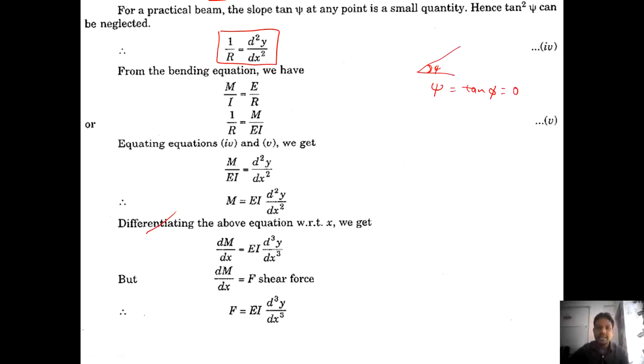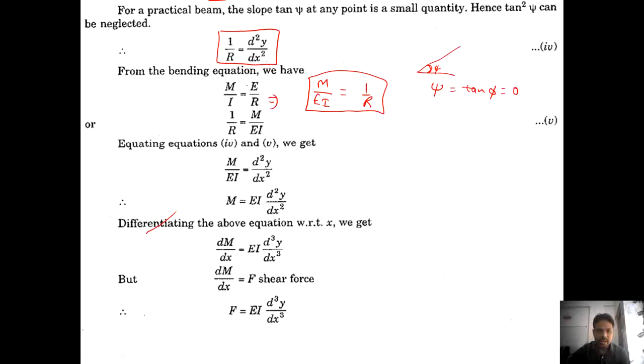Now from the bending equation, what was the equation? M by I is equal to E by R. We know the value of 1 by r, so try to get a value like 1 by r. E goes into the denominator, so 1 by r is equal to M by EI.